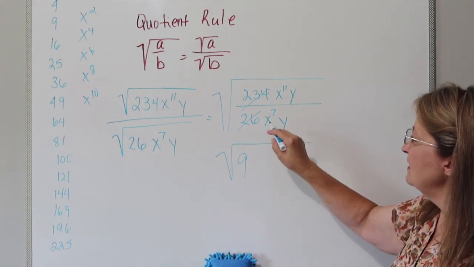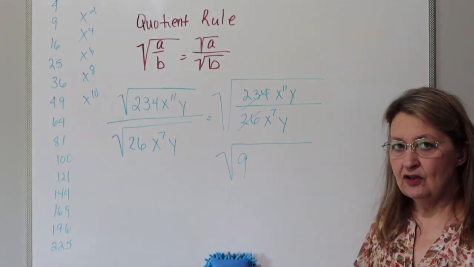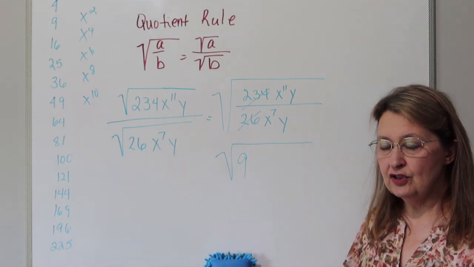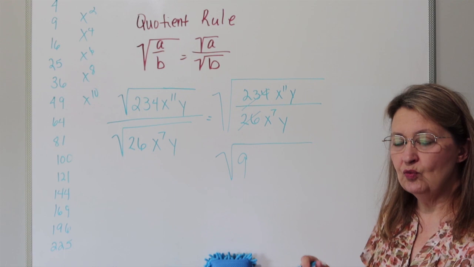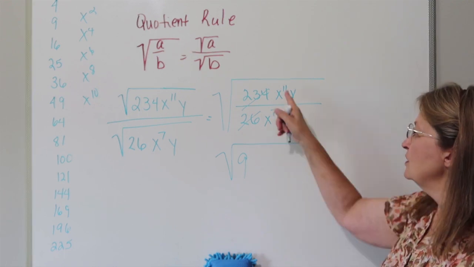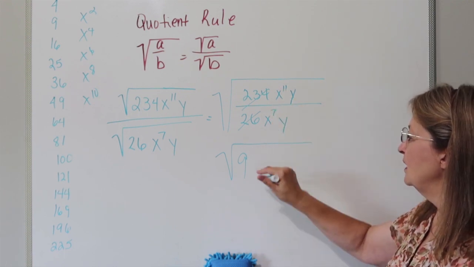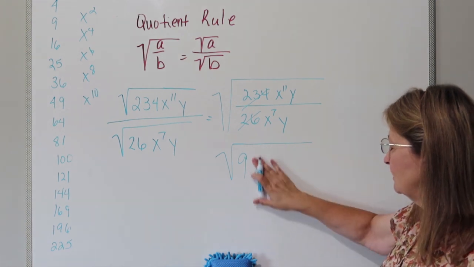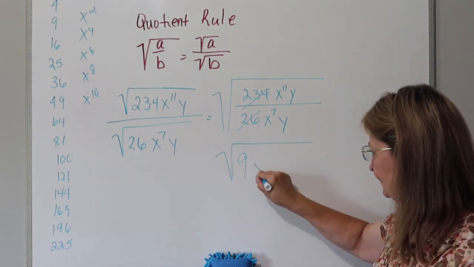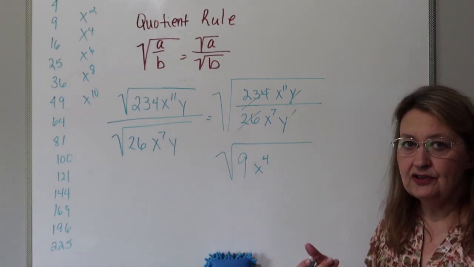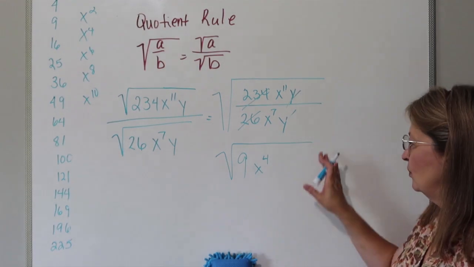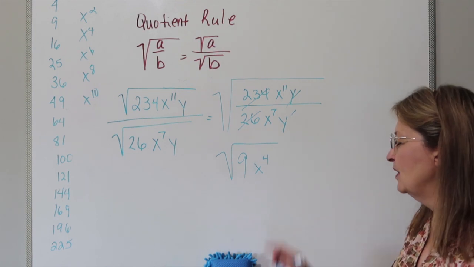Now, x to the 11th over x to the 7th. When you have a fraction, what do you do? Subtract your exponents and put your new answer where the largest exponent was. So 11 minus 7 is x to the 4th. And then y over y is just 1. Square root of 1 is 1. So we're done there.